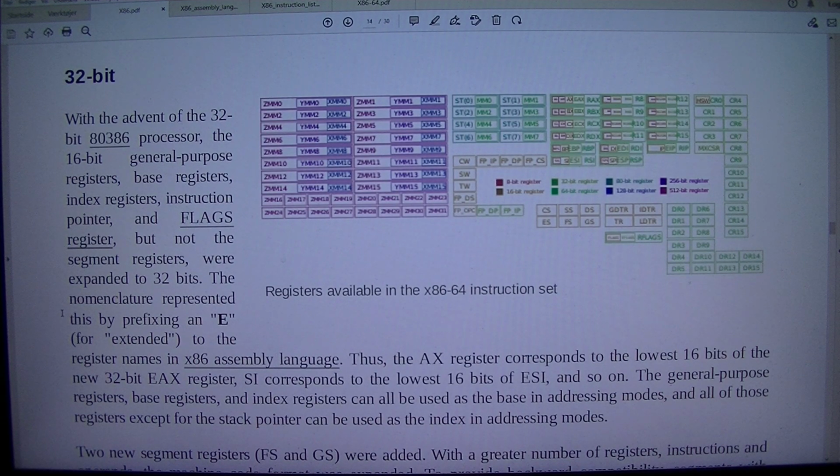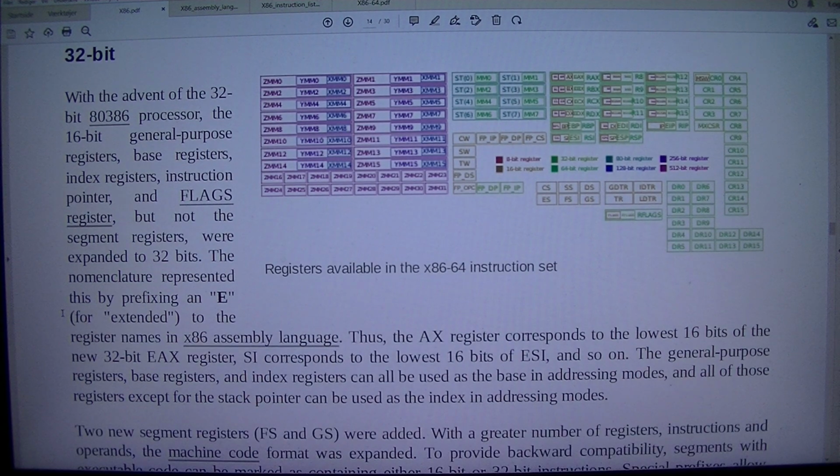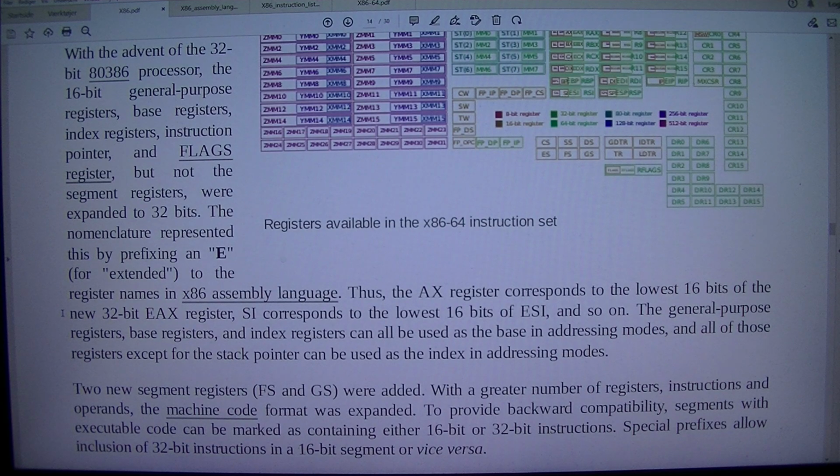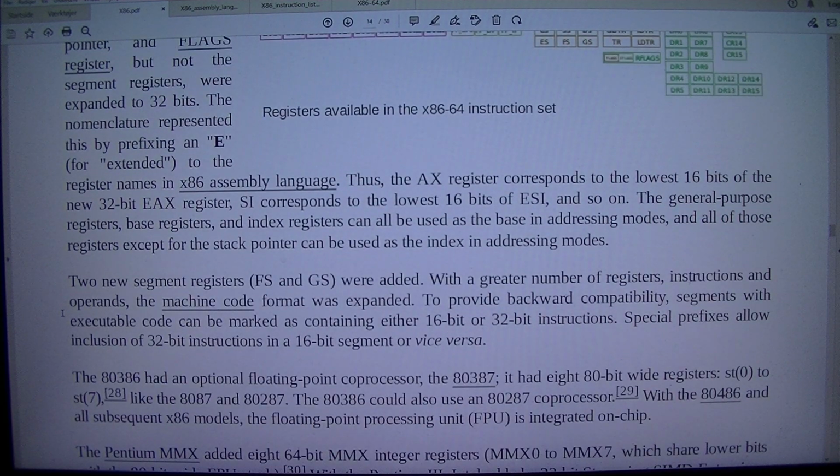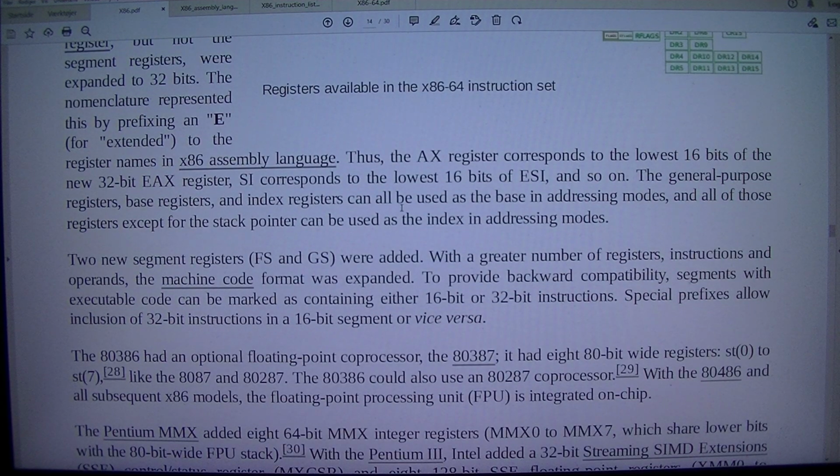The nomenclature is represented by prefixing an E for extended to their register names in x86 assembly language. Thus, the AX register corresponds to the lowest 16 bits of the new 32-bit EAX register, SI corresponds to the lowest 16 bits of ESI, and so on.